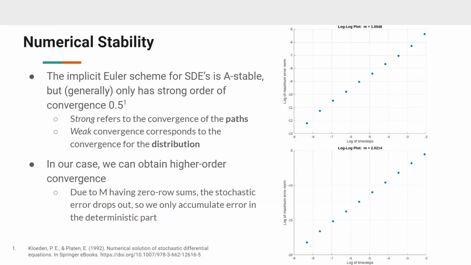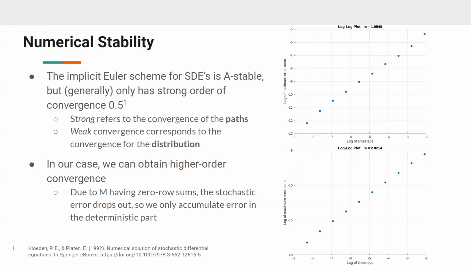So usually you can only get 0.5, but because of the nice symmetries of our system, we can actually obtain higher order convergence. This is due to some properties of the matrix M that I showed all the way at the very beginning. Again, you can talk to me at my poster if you want more of the gory details there. But essentially, each of the rows sums to 0, and all of its eigenvalues are negative or non-positive.